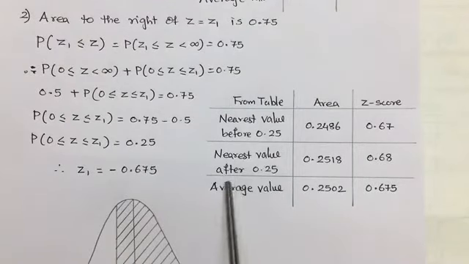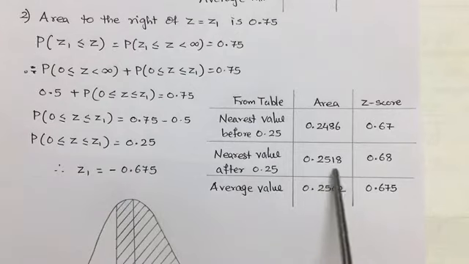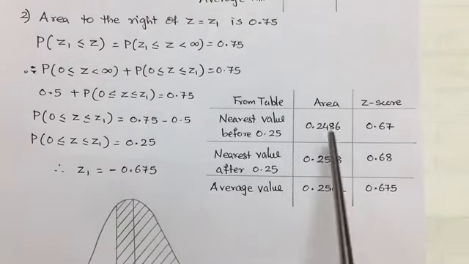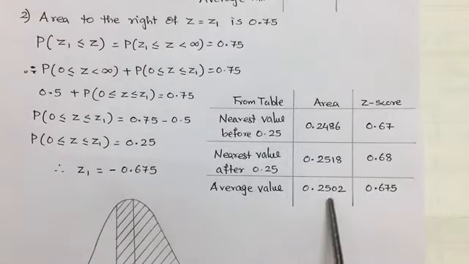Again, the nearest value after 0.25 is 0.2518 and the Z score calculated is 0.68. Taking the average of it, we get 0.2502 and the Z score becomes the average, 0.675. Approximate we have taken here.